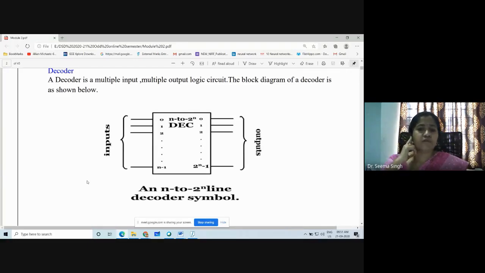You will have n number of inputs and 2 to the power n number of outputs. Because I am saying n inputs, they range from 0 to n minus 1, and the outputs are 0 to 2 to the power n minus 1. This is the general decoder diagram, so draw it quickly.